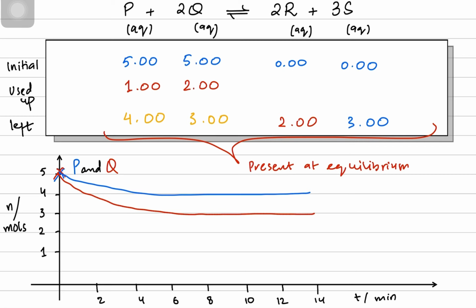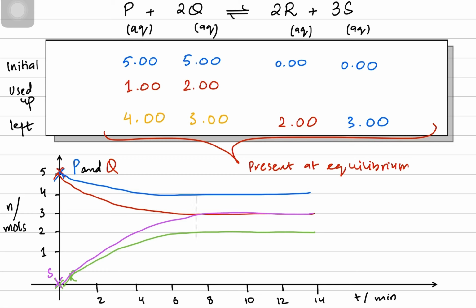If we follow the amount of R and S, we can see that the amount of R started from 0 but reached a value of 2 moles, and the amount of S started from 0 moles and then we were able to achieve 3 mole S.